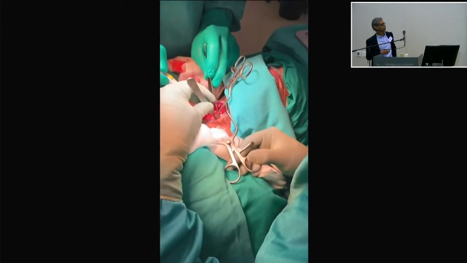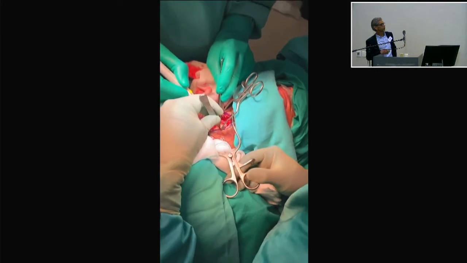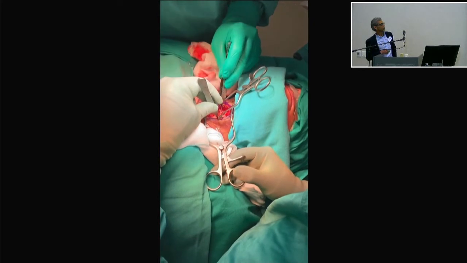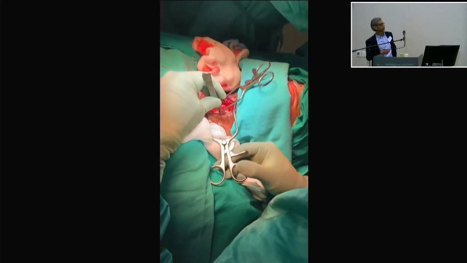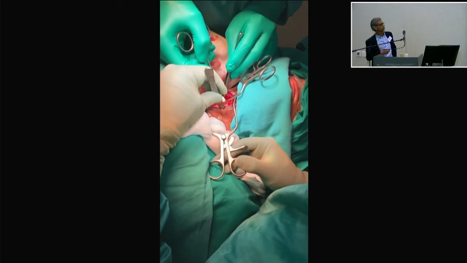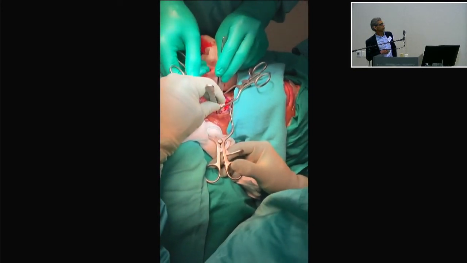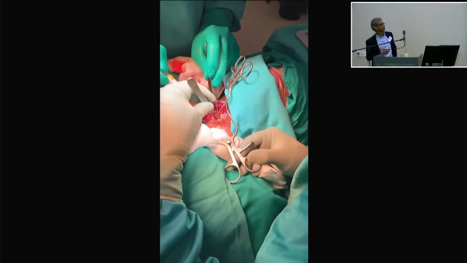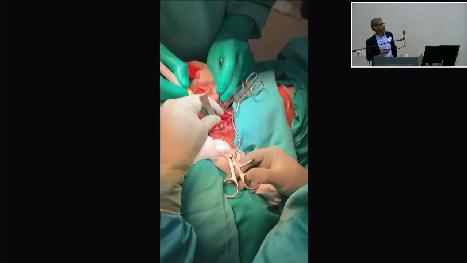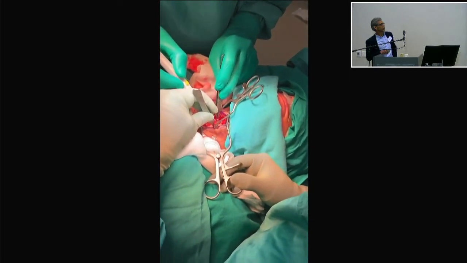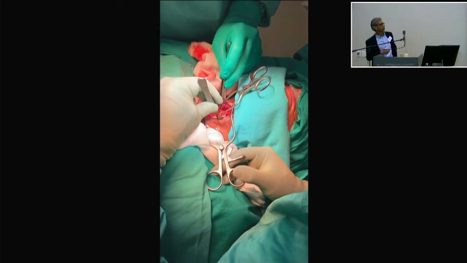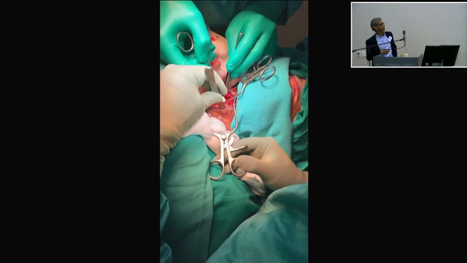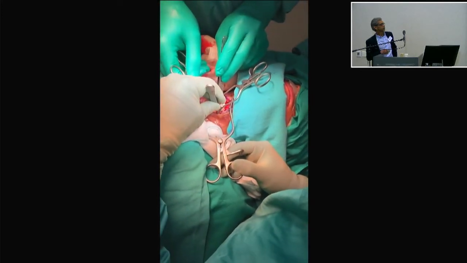Here's it coming up beautifully. Here's the cartridge. Nice, nice, nice, nice. Looking fantastic. Everything looking beautiful. So this muscle is unfortunately very stuck. Here's it coming up beautifully. Here's the cartridge. Nice, nice, nice, nice. Looking fantastic. Everything looking beautiful. So this muscle is unfortunately very stuck.